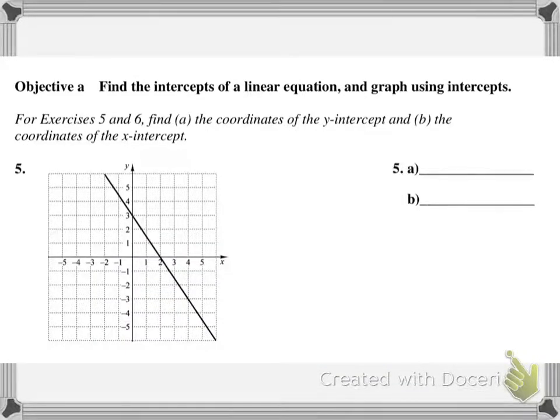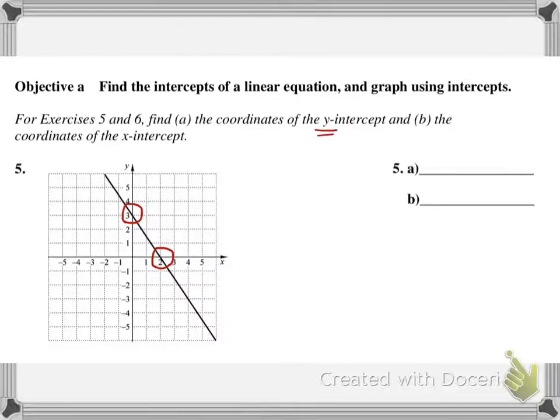So for this particular line, it says find the intercepts of a linear equation and graph using the intercepts. Well, the intercepts are going to be where they cross the line. So find the coordinates of the intercepts. They want us to do the y-intercept first.